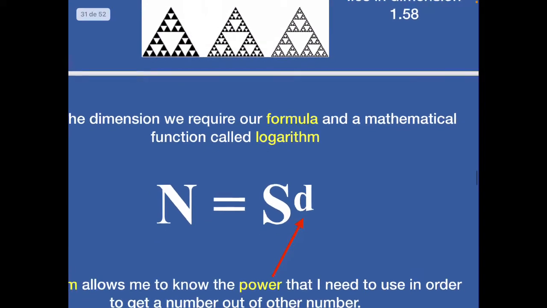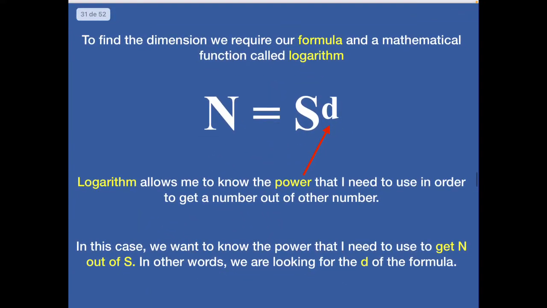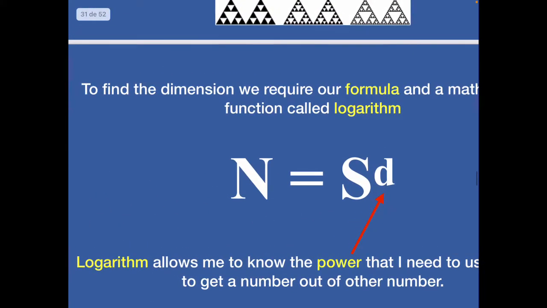So how do we solve it? Well, if you remember, you should know this formula by heart, because this is the formula that you used in order to solve all your exercises about distances, surfaces, and globes. So what is this formula? Remember, it is the number of copies equals the scaling factor raised to the dimension power.